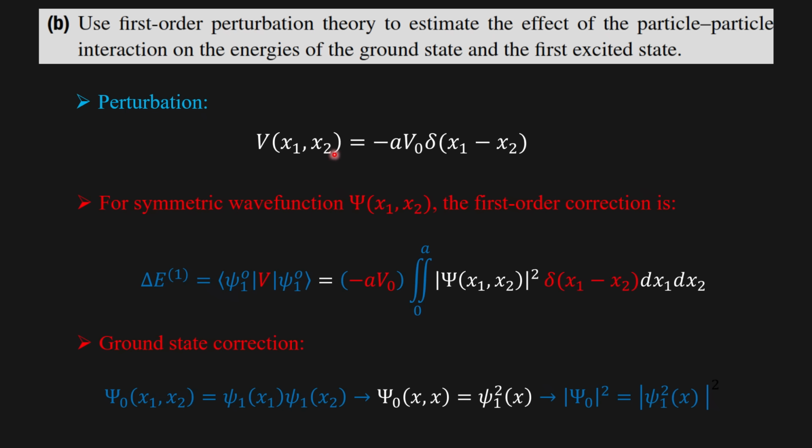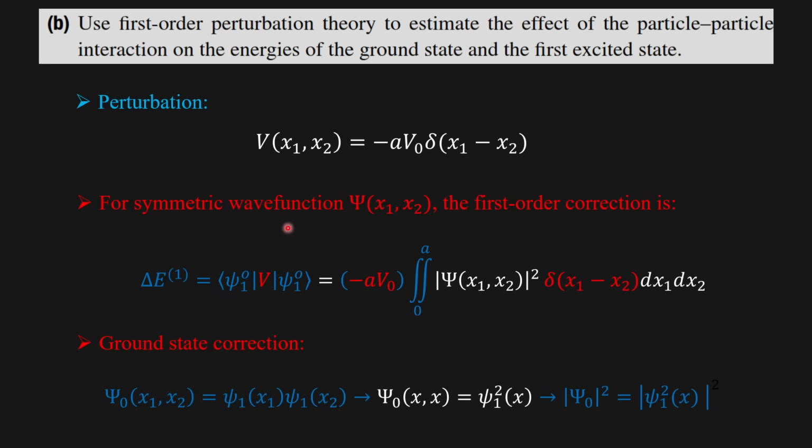V of x1, x2 is equal to minus a V naught delta of x1 minus x2. Remember that this is the Dirac delta function, so it will be non-zero only if x1 is equal to x2. That we have to remember.